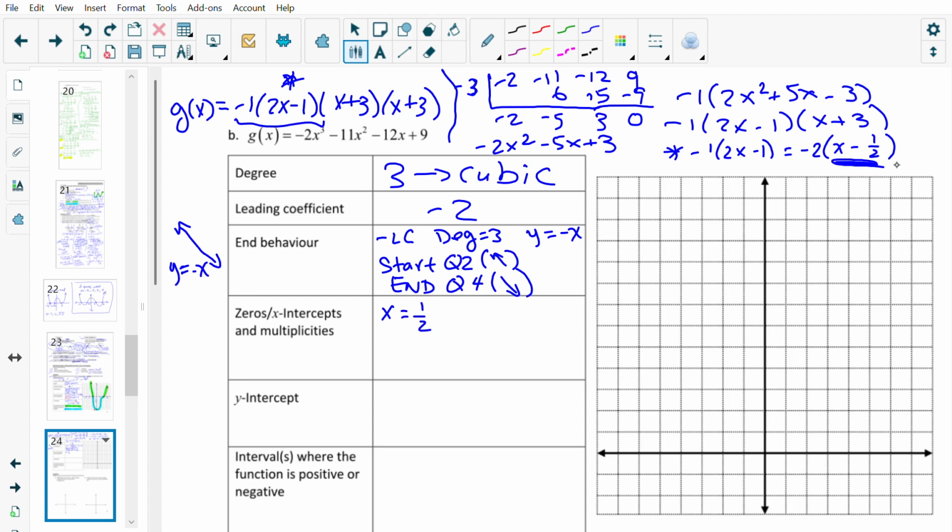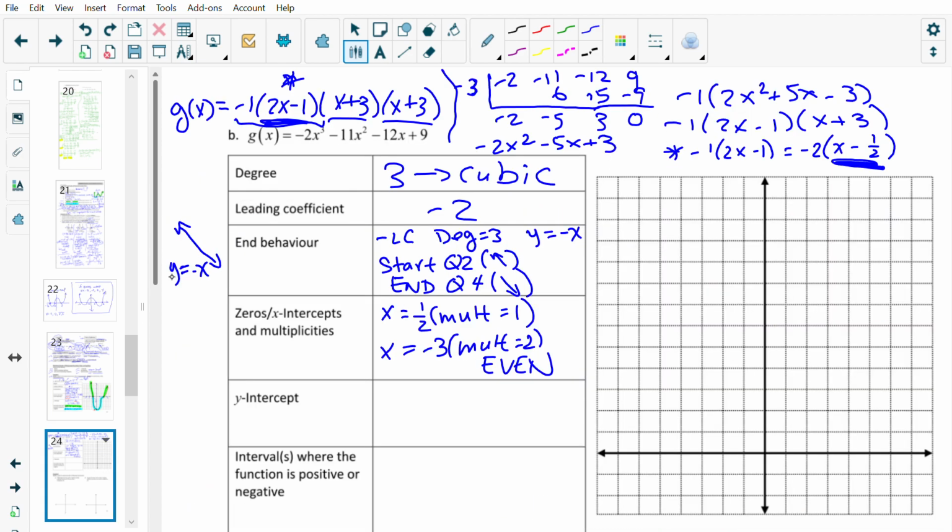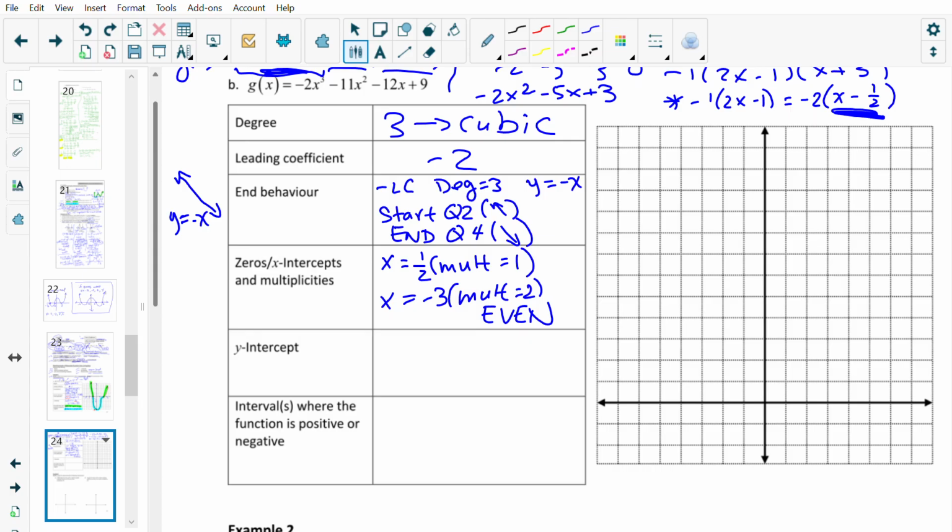Zeros. x equals 1/2. So x equals 1/2. Multiplicity of 1. Okay, that's just going to pass straight through the x-axis. x equals, well, we have two identical real roots. x equals -3. Multiplicity is 2. And that's an even multiplicity. So what happens with an even multiplicity? Review time. Go back up. Even. Bounce. Tangent.